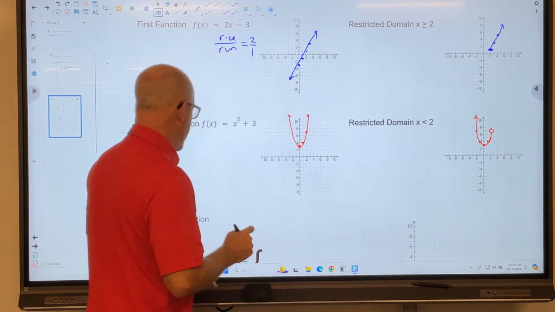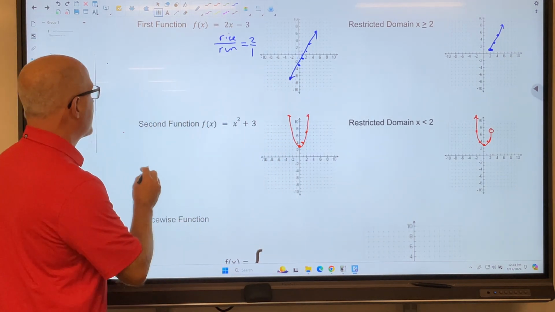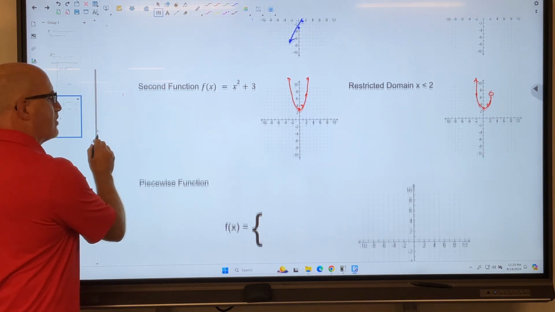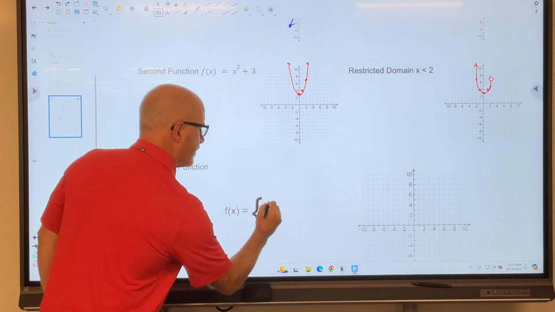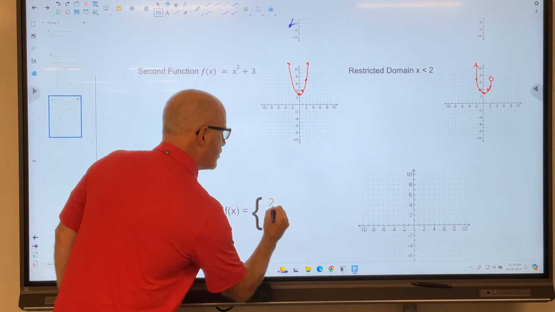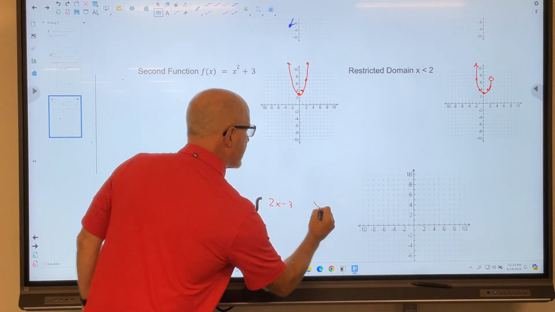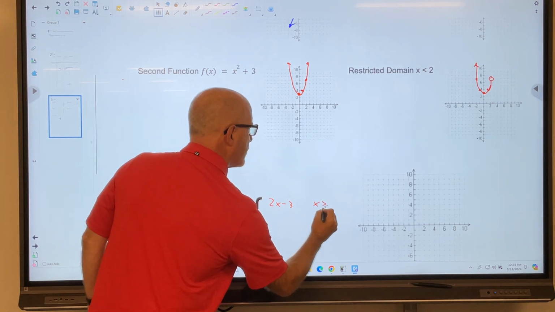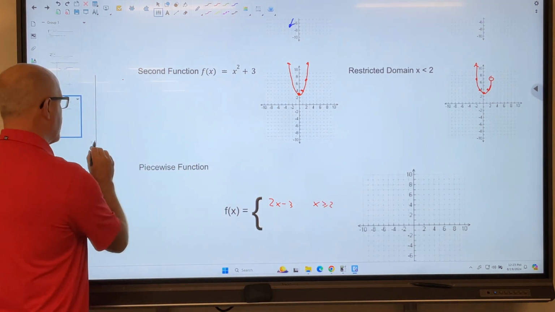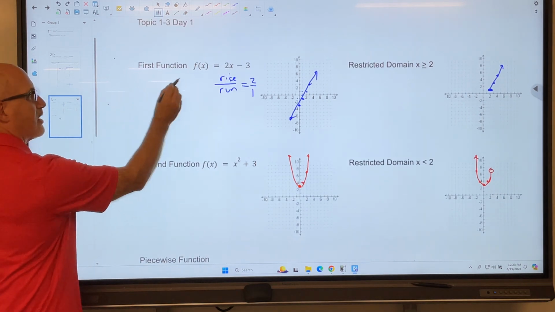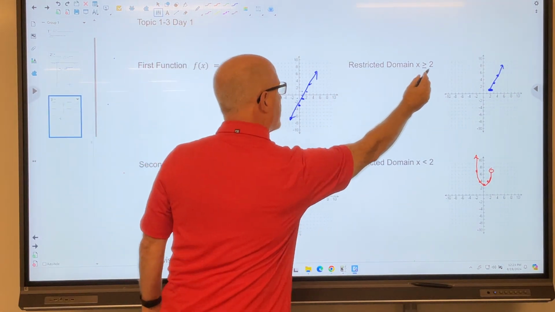So if I want to do what's called a piecewise function, fill this in here, where the rule is 2x minus 3 for x greater than or equal to 2. Notice that was what we did up here: 2x minus 3, greater than or equal to 2.